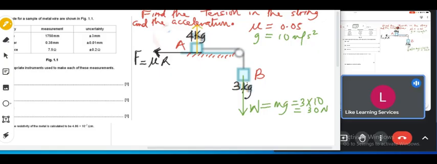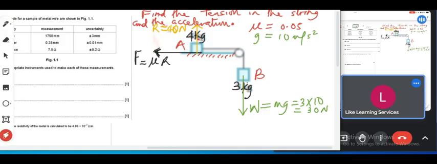By the way, what's the normal reaction? If the mass is 4 kg, the normal reaction will be 40 Newton without much ado, right? Normal reaction R is equal to 40 Newton, so that you understand what I mean by normal reaction.